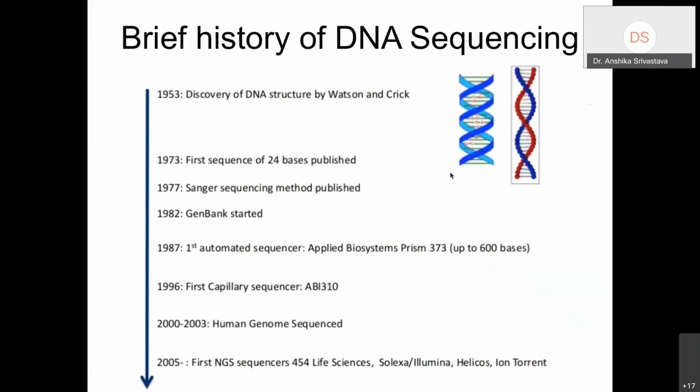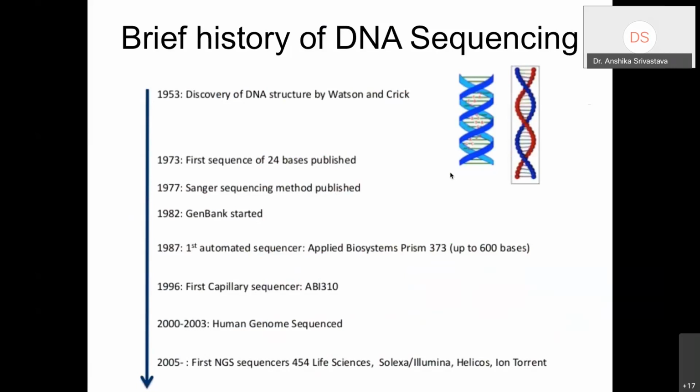And then in 1996, we have the first capillary sequencer. And from there, we have the first human genome sequence in 2000 to 2003. And in 2005, we have the first NGS sequencers that included Solexa, 454 Life Sciences, and others.